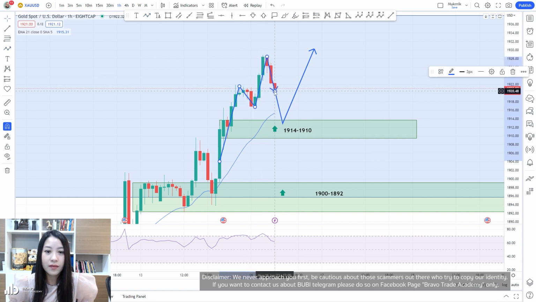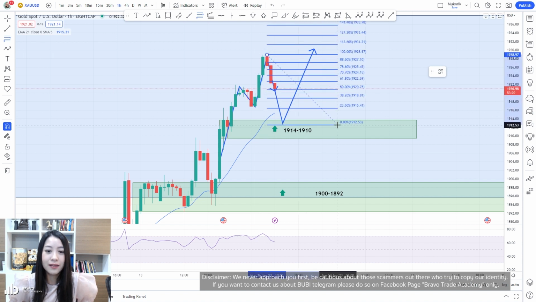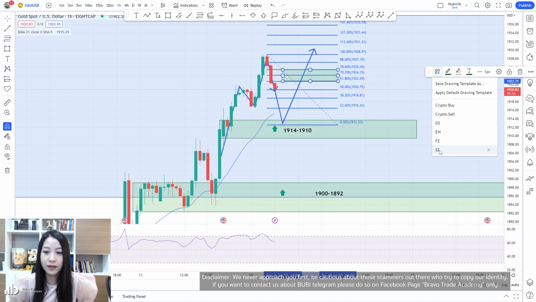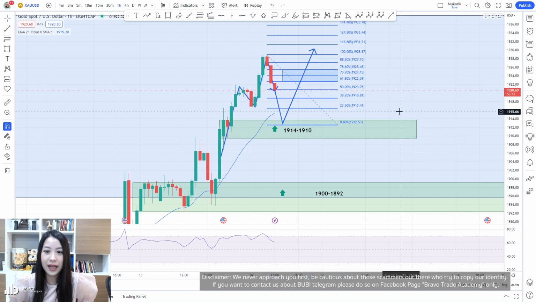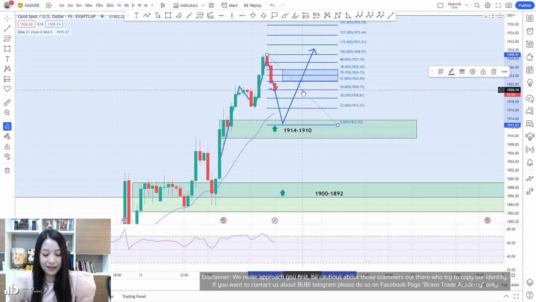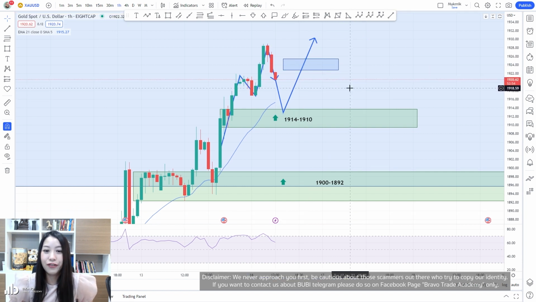And if we have our QM sell, the price might bounce, yes, but it will need to test this QM zone. So if the price bounces from this demand zone, please be sure that you take the profit around 1920. And that's done for today.